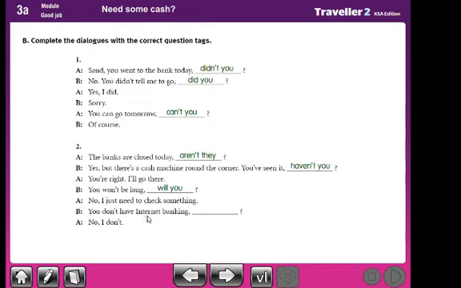You don't have internet banking. Don't have. We have don't here. Yes, don't. Negative. Make it affirmative. Do. Do you? No, I don't. Thank you.